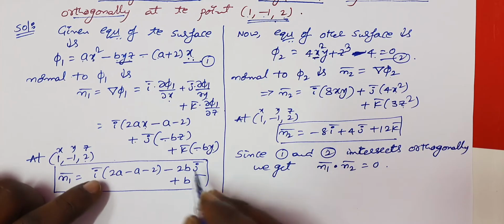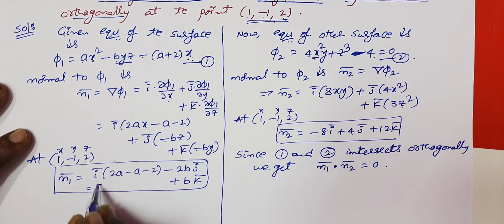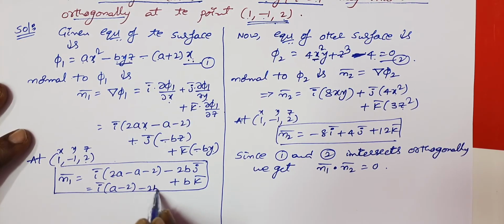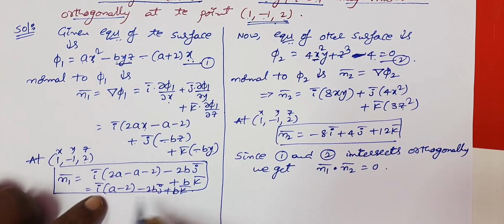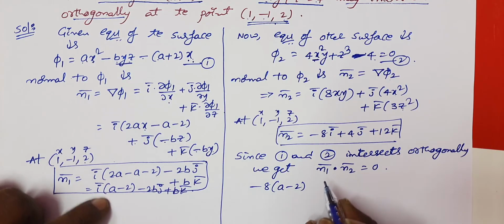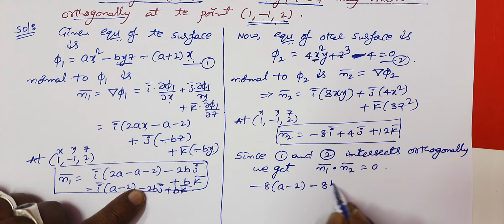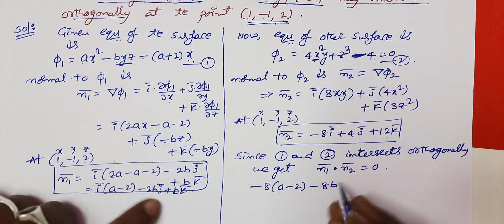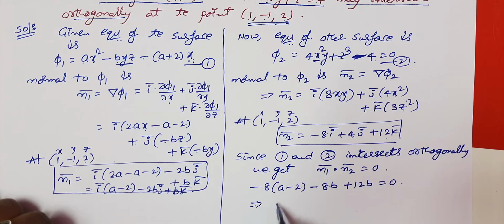So you will get minus 8 into, actually here you can easily write this i bar 2a minus a, it would be a minus 2, minus 2b j bar plus b k bar. You can note down this a minus 2 into minus 8. So minus 8 times of a minus 2, and 4 times of minus 2b, it would be minus 8b, 12 times of b, 12b is equal to 0.